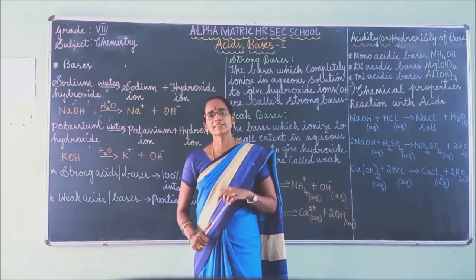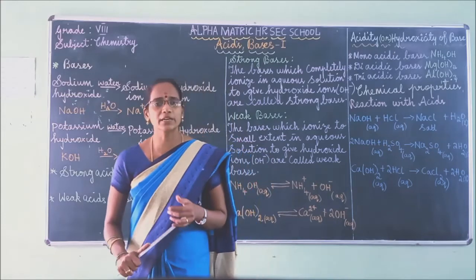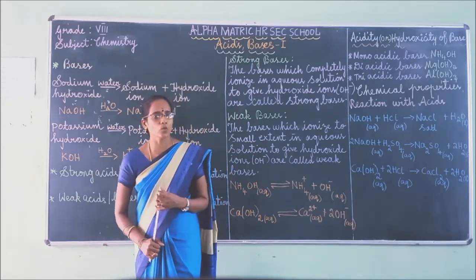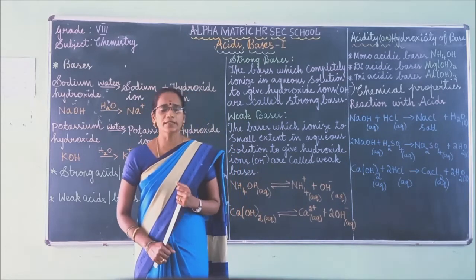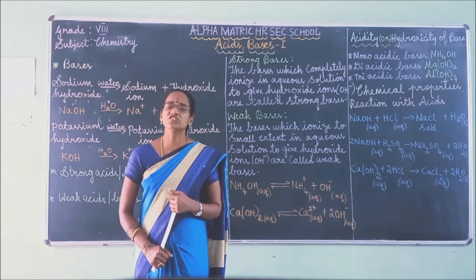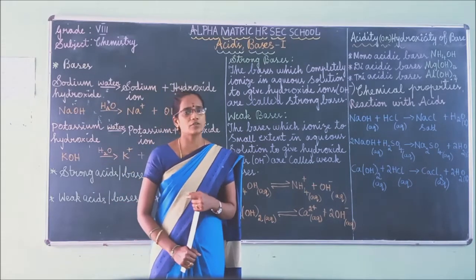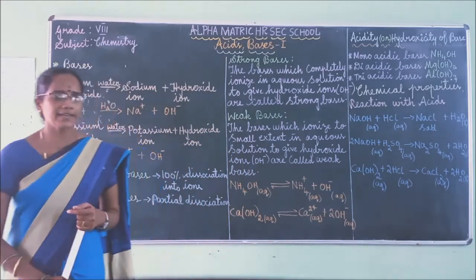In the previous class, we have learned that acid is a chemical substance which releases hydrogen ions in water, isn't it? But a base is a chemical substance which releases hydroxyl ions when dissolved in water. This is the definition for base, right?